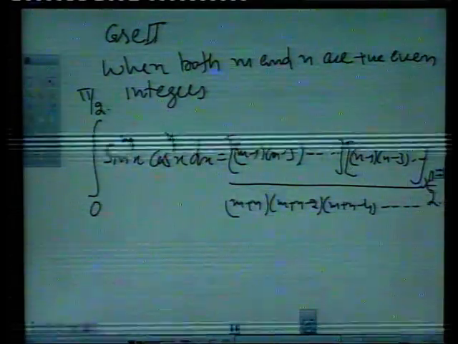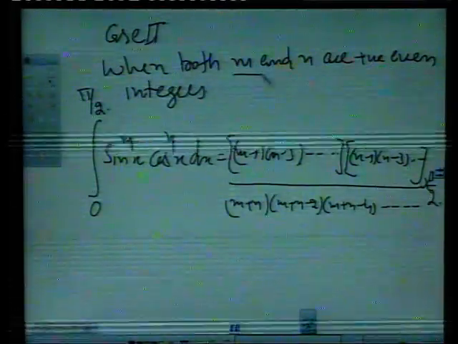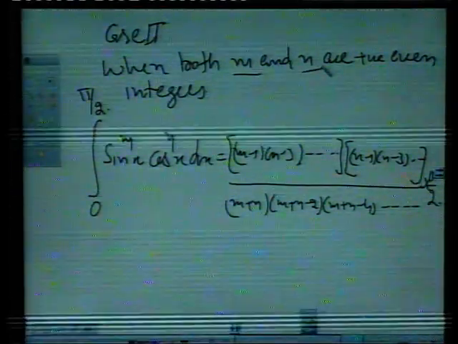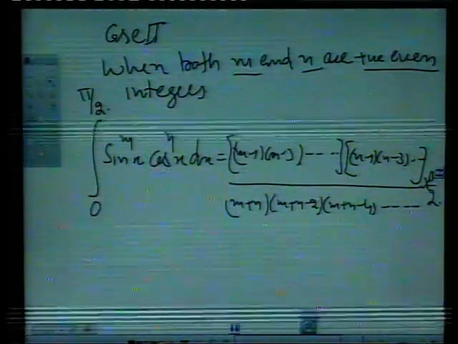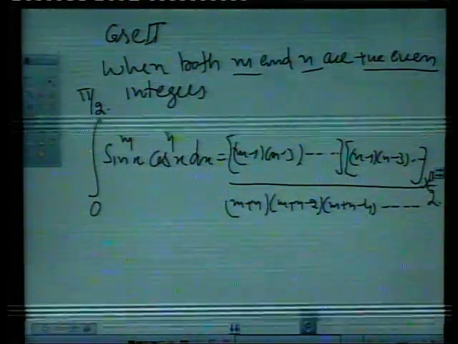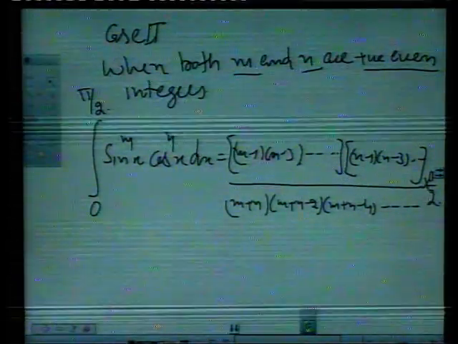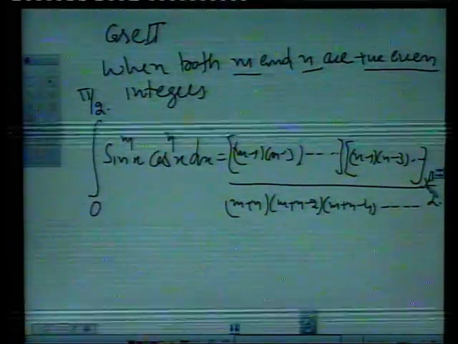Multiply pi by 2 only when both m and n are positive even integers, right. So remember this.